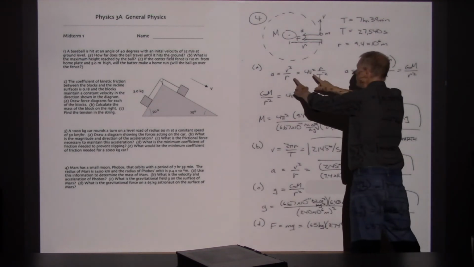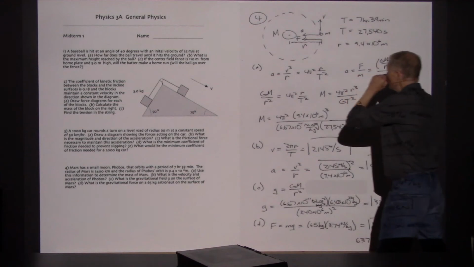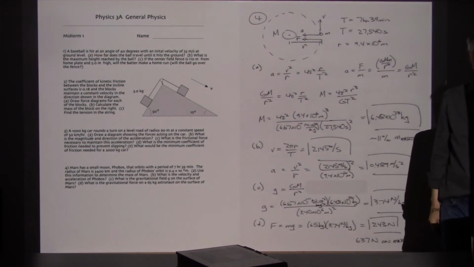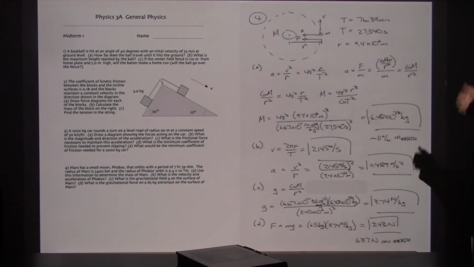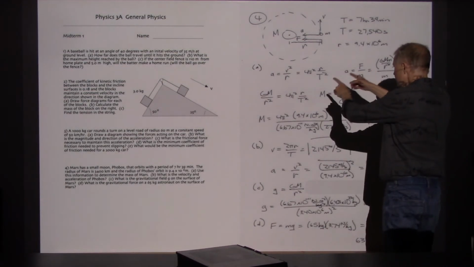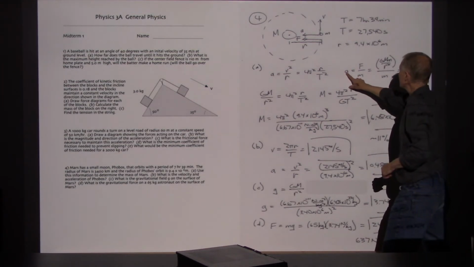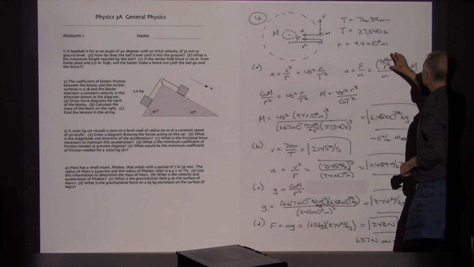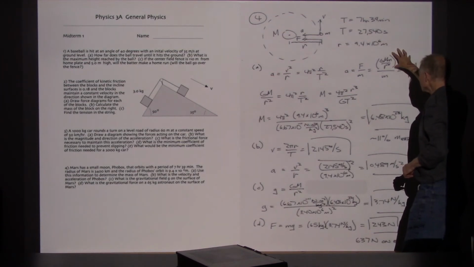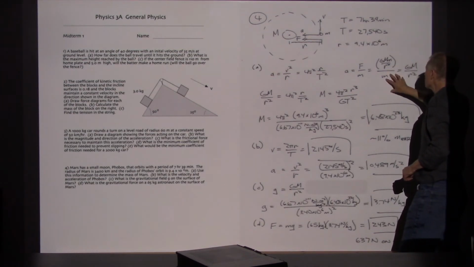I brought out the same formulas as before to represent circular motion. We can either solve for velocities or we can solve for periods. We can use either one of these. That's the kinematics. Here is the force formula again: the acceleration is given by the gravitational force divided by the mass of the moon.